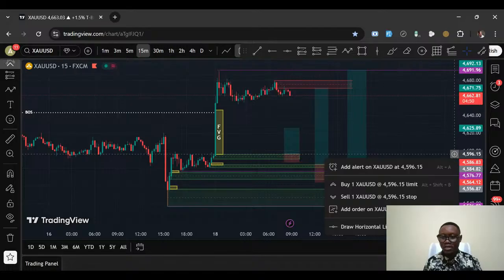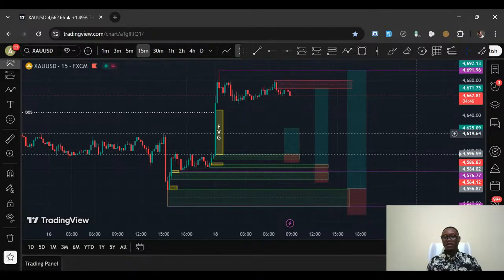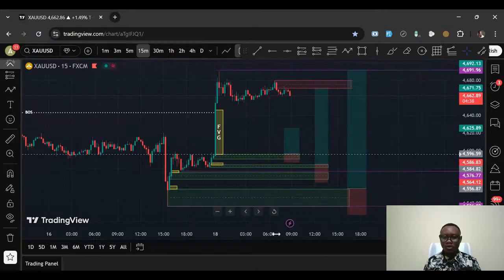Let me set an alert at this zone. So when price gets there, TradingView notifies us, then we can jump in, observe price action there, and execute our trade accordingly. So please, guys, stay active on the Free Signal Telegram channel. I'm going to drop this there, as well as the coordinates, for us to monitor and wait for price to get to those zones before we execute our trade.